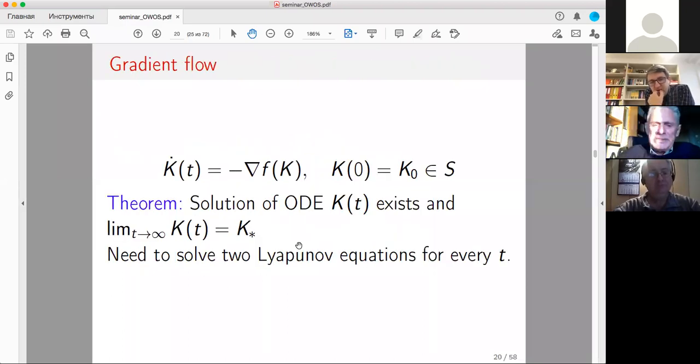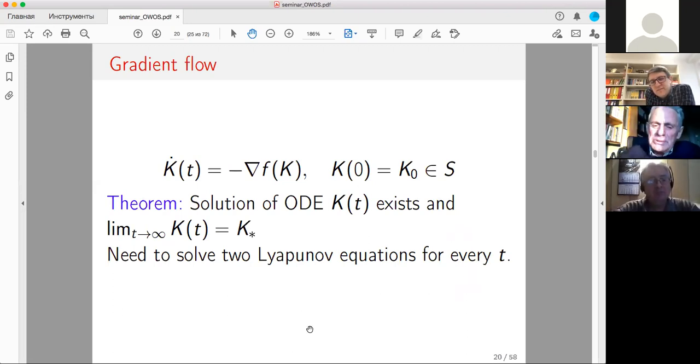Now we proceed to minimization methods. First, we can try the continuous time gradient method. Well, its implementation is hard enough because we should solve two Lyapunov equations for every moment t.